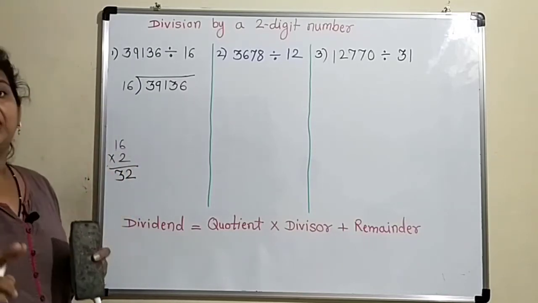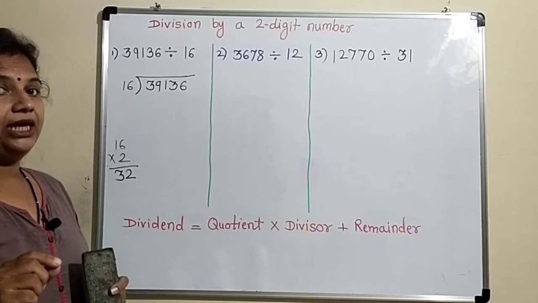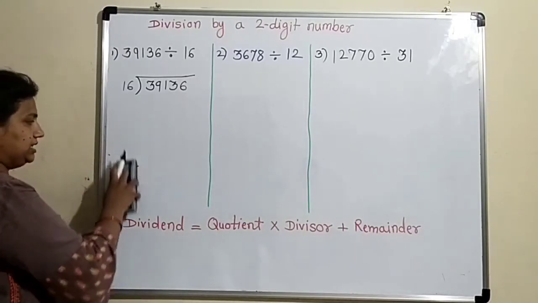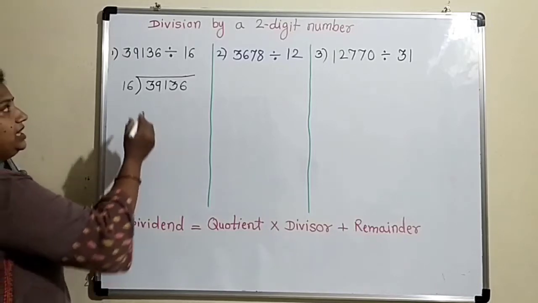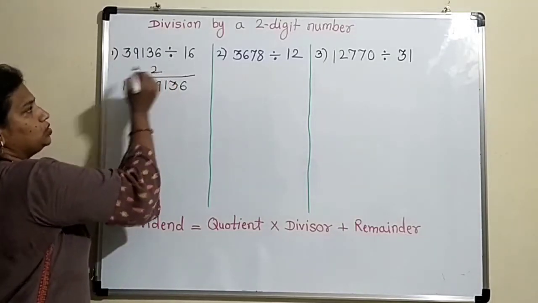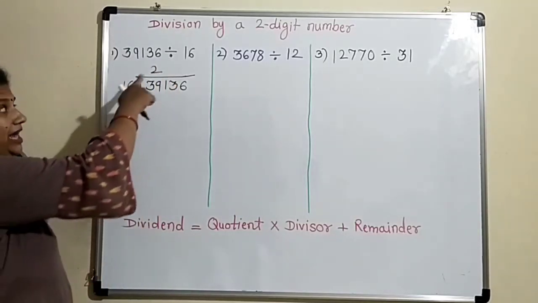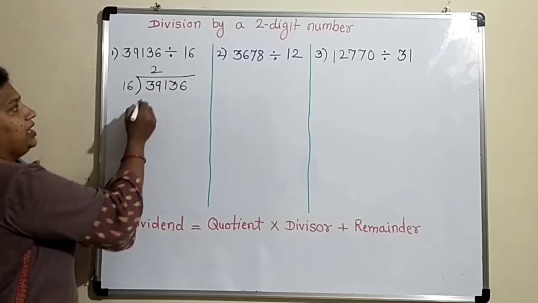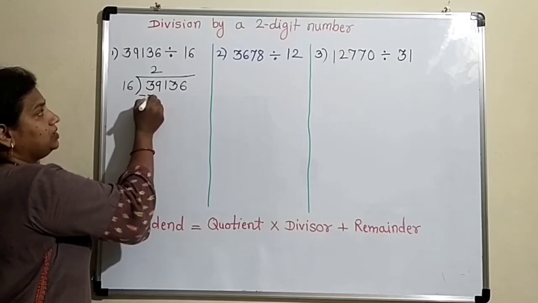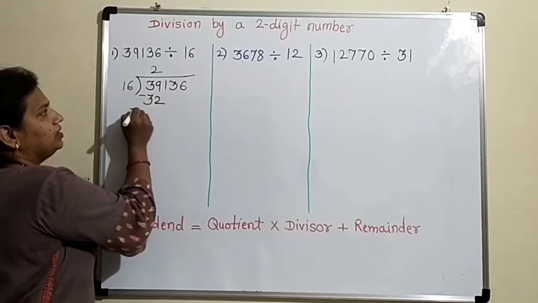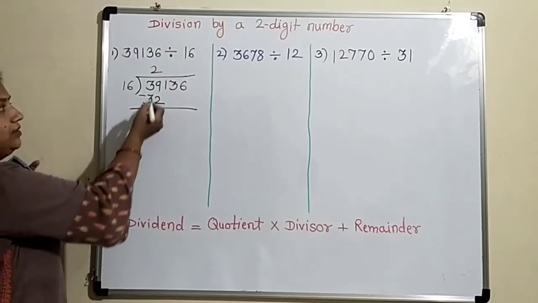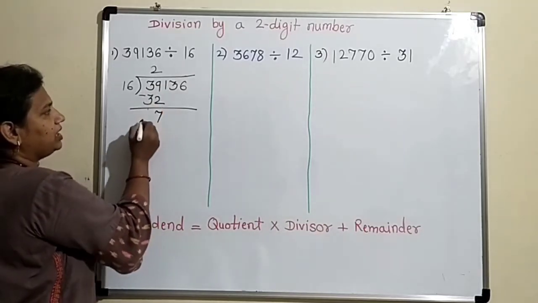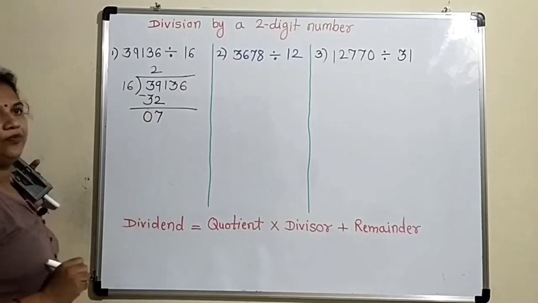Yes, we got a number which is smaller than 39, it belongs to the table of 16, and it is at place 2. So at the place of the quotient we will write 2 and subtract 32 from 39. Here I will get the remainder: 9 minus 2 is 7, 3 minus 3 is 0.